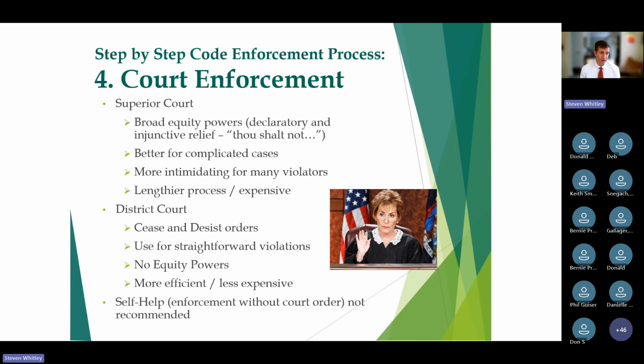The Superior Court has broad equity powers, so it can issue what's called an injunction. Those are orders where the court tells the property owner, you shall not violate again in the future. Superior Court is usually better for complicated cases.